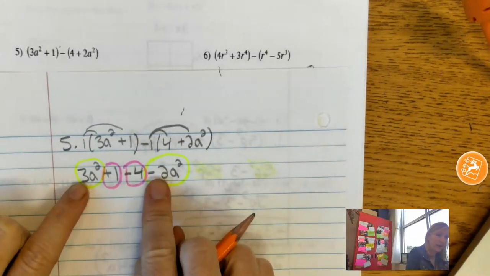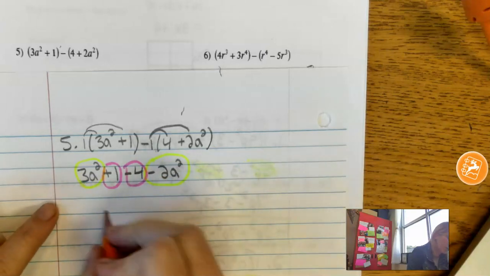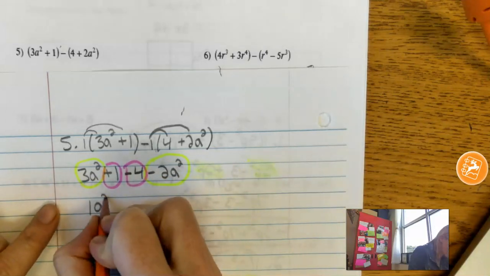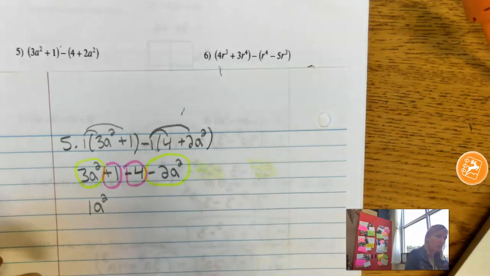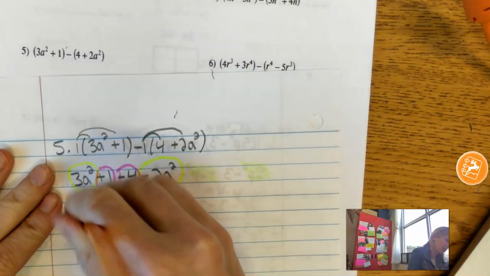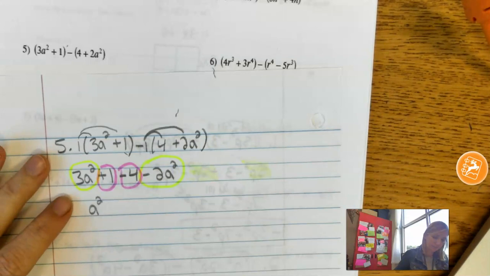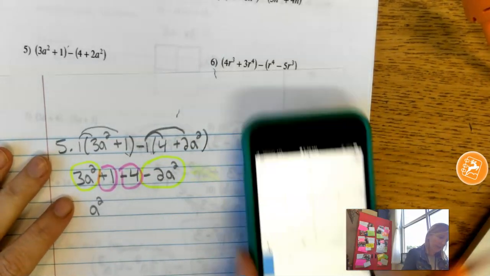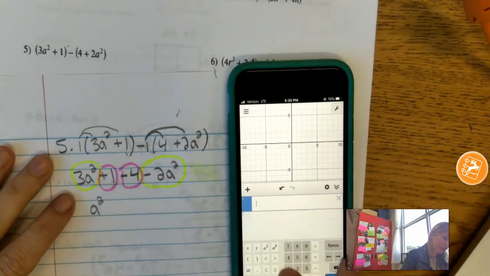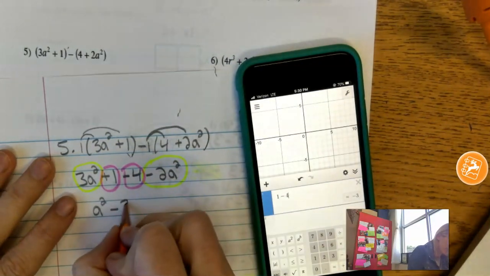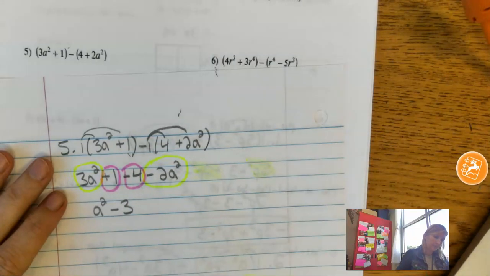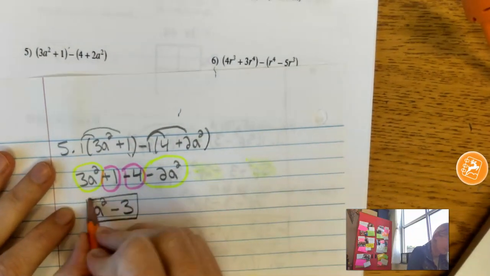So 3 minus 2 is going to give me 1, 1a squared. Remember, I don't need to write 1 as a coefficient, it's understood, so let's just make that a squared. And then my two constants, when I combine those, 1 minus 4 is going to give me a -3. And that is my answer.